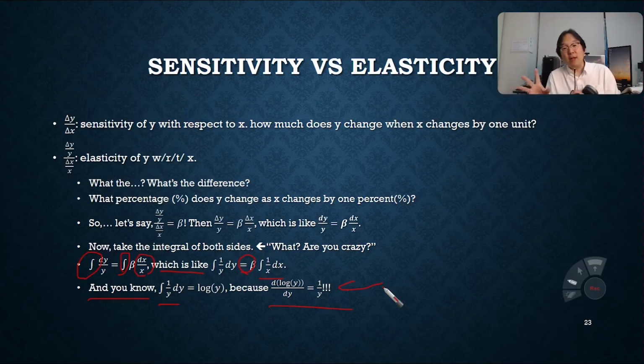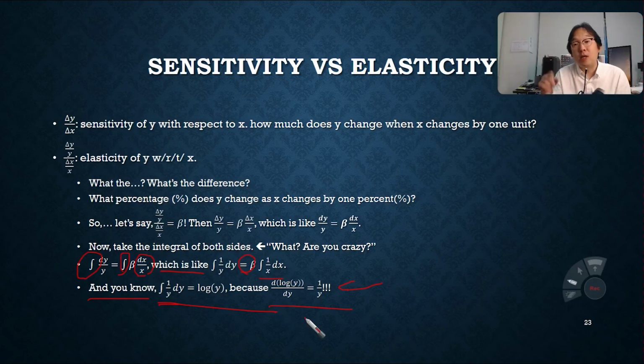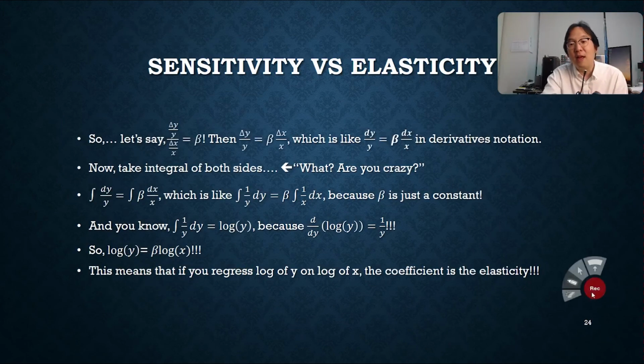Anyway, you can do this because the differentiation of log of y with respect to y should be 1 over y. Don't lose the thread. Just hold on to this one. Wait for the next slide.